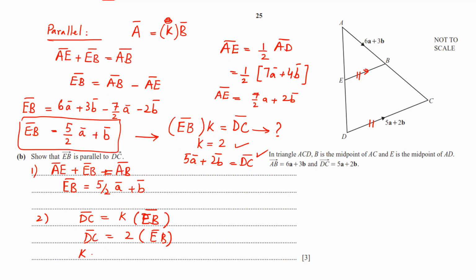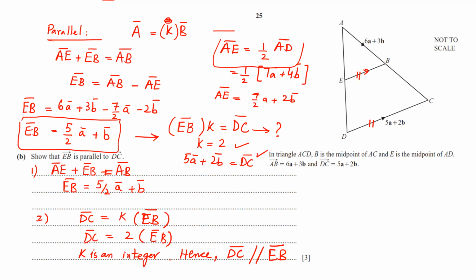So k is an integer, hence DC is parallel to EB vector.